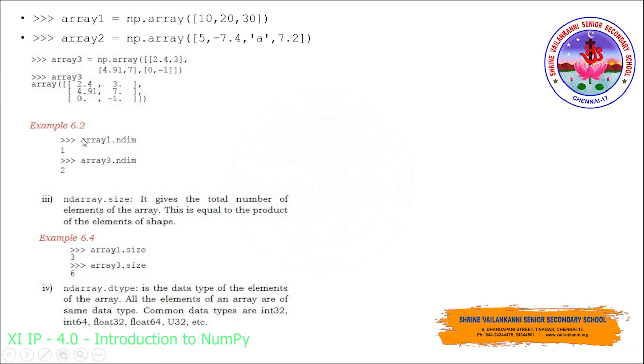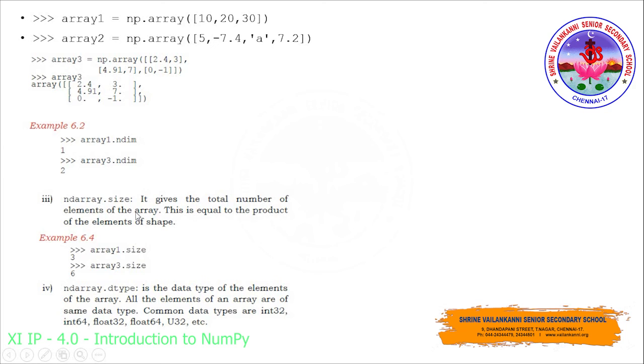And array1 dot ndim helps you to find the dimensions of the array. So for array1, what is the dimension? Only one, only one dimension you have. That is what has been retrieved as one. And array3 dot ndim, it has two dimensions, right? So here you have two dimensions that will be displayed.